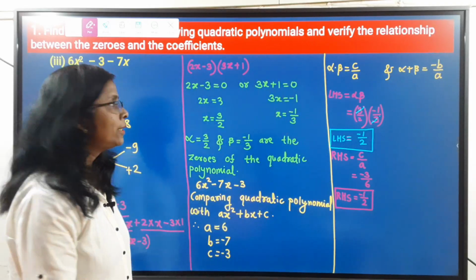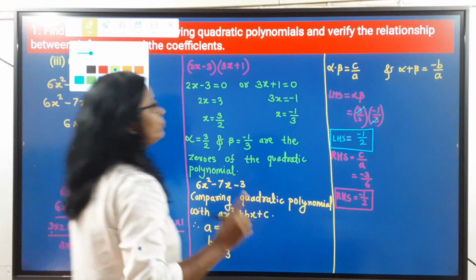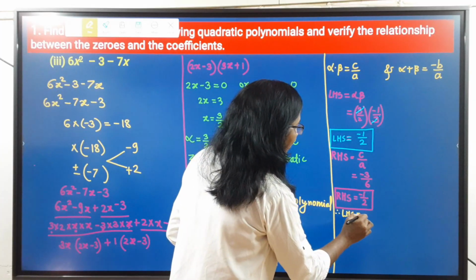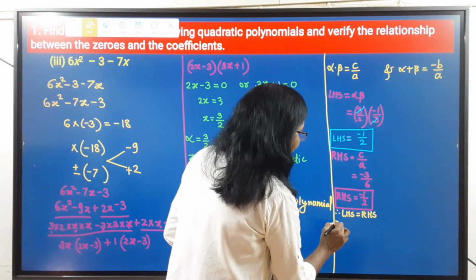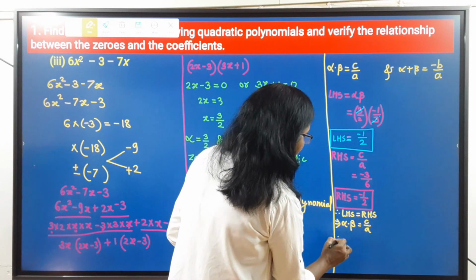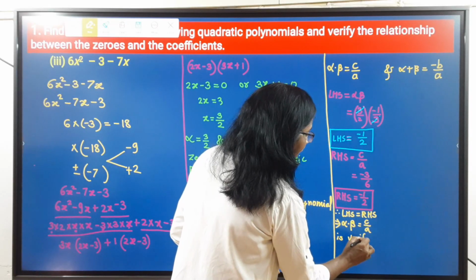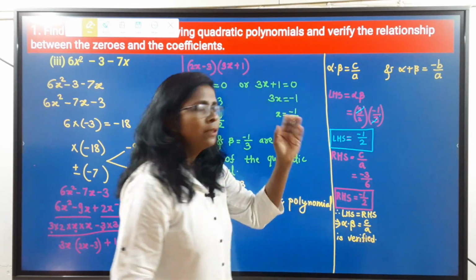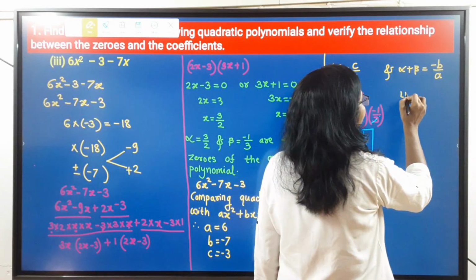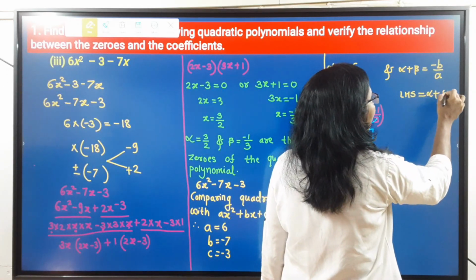So now here students carefully observe LHS and RHS are equal. So I say that LHS is equal to RHS, and that implies that alpha into beta is equal to c upon a is verified.